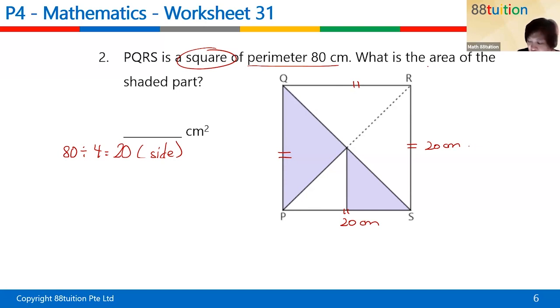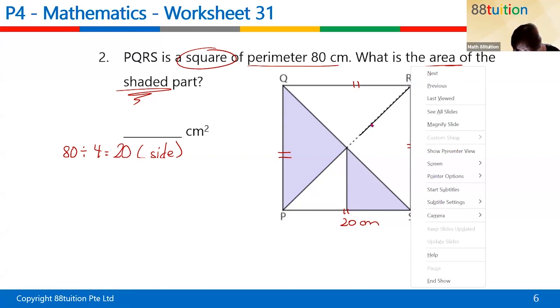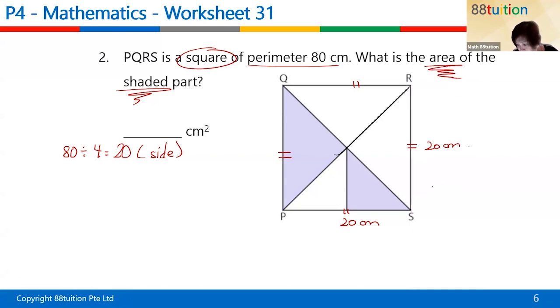The question asks you to find the area of the what? Shaded part. So how to find the shaded part if it is like this? What I need to do is cut this into half with a dotted line here, and then another half here.